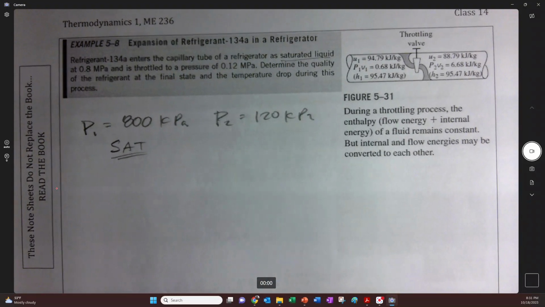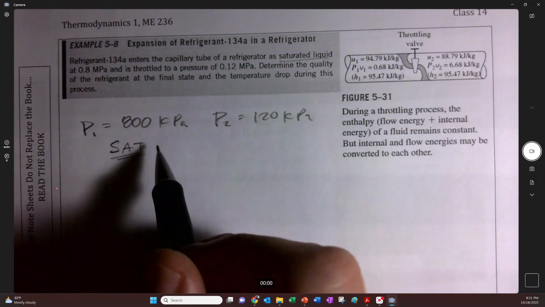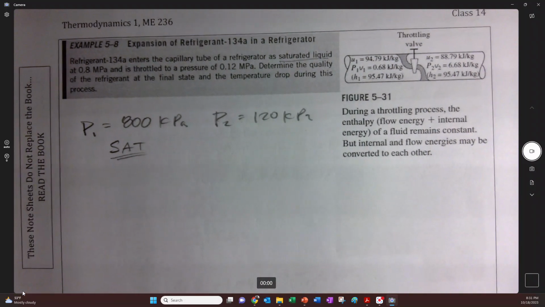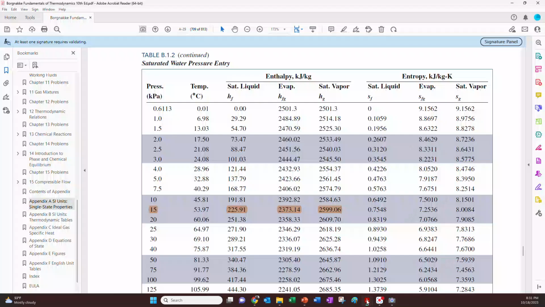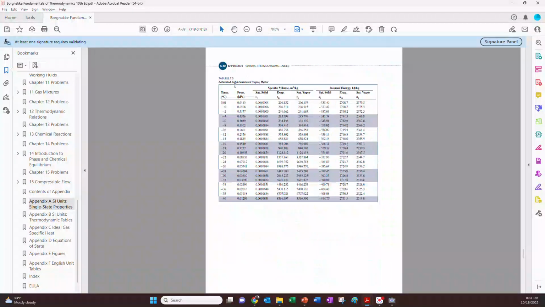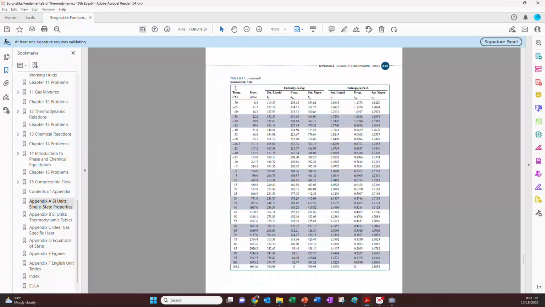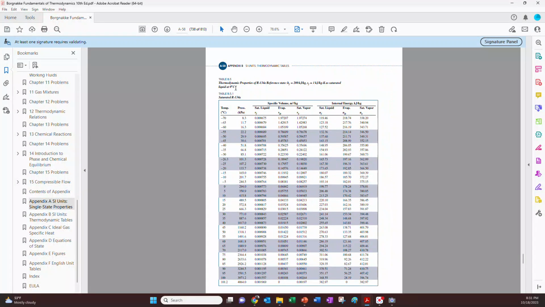So we're going to need to look up, and I'm not going to look it up in the book this way, although we could. What you end up having to do is go to the tables for 134A and look for, first off, 800.